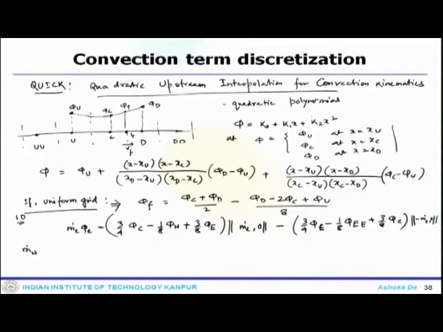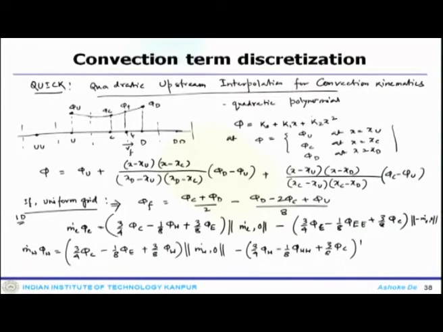Similarly, you get m dot w, which is (3 by 4 phi c minus 1 by 8 phi e plus 3 by 8 phi w) multiplied with m dot w 0, minus (3 by 4 phi w minus 1 by 8 phi w w plus 3 by 8 phi c) multiplied with m dot w 0.